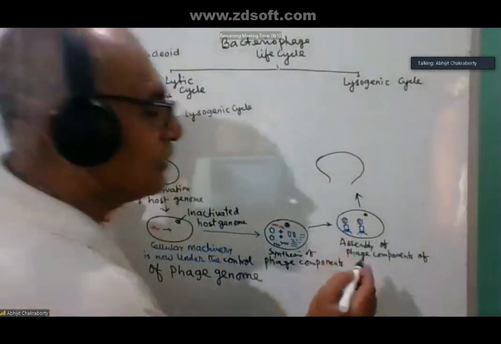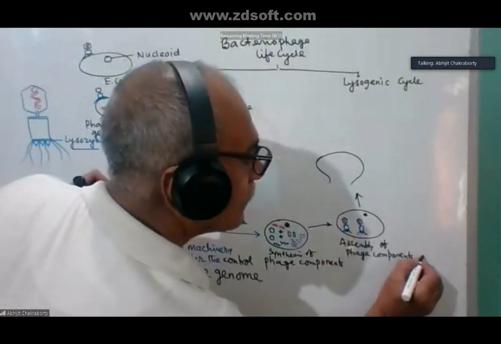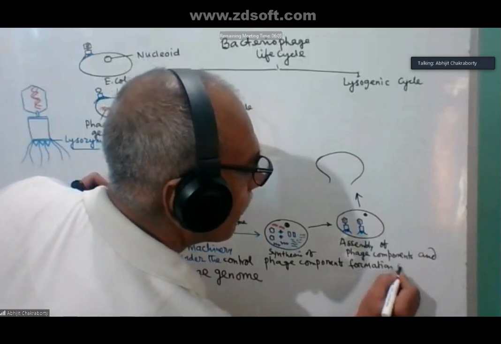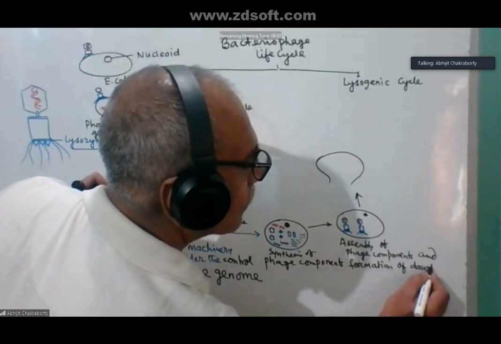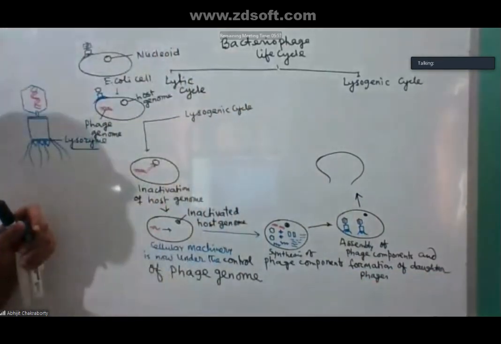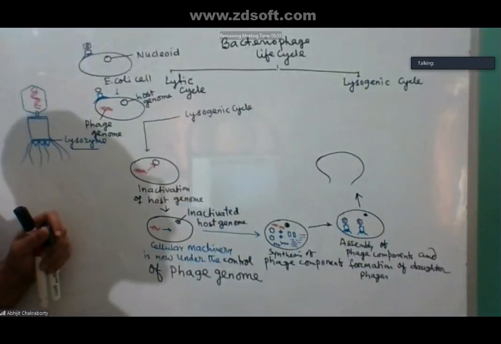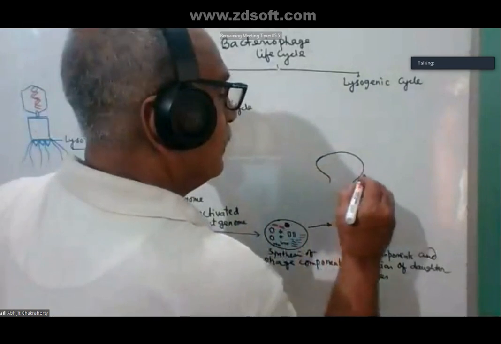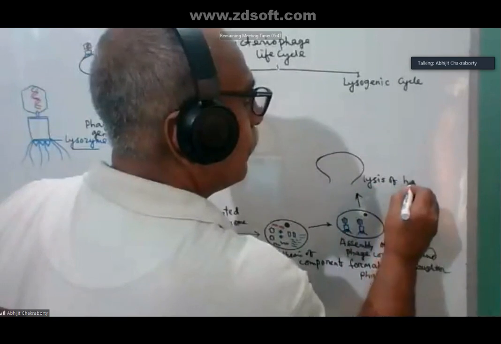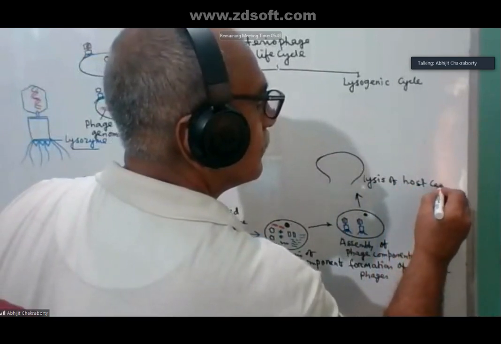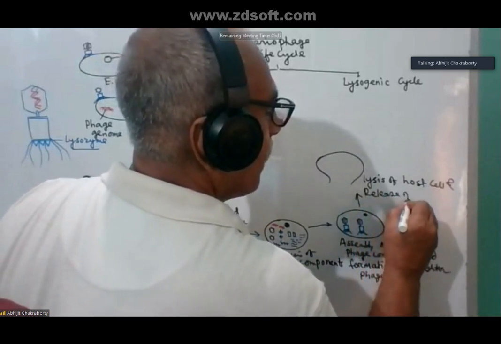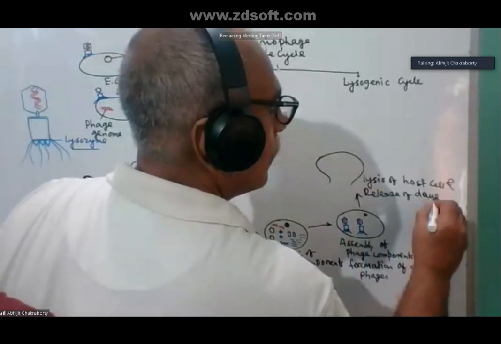Now assembly of phage components and formation of daughter phages. Next, lysis of host cell and release of daughter phages.